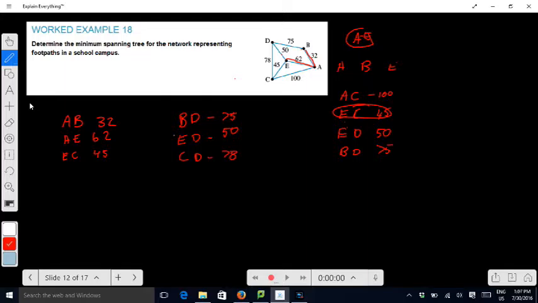And I also want E and D, which was 50. So my minimum spanning tree would look like this. So we've got B, A, E, A to B, A to E, E to C, and we've also got E to D. So it would look like that. So that's my minimum spanning tree, and here are my numbers. Okay, so that's using Prim's algorithm.